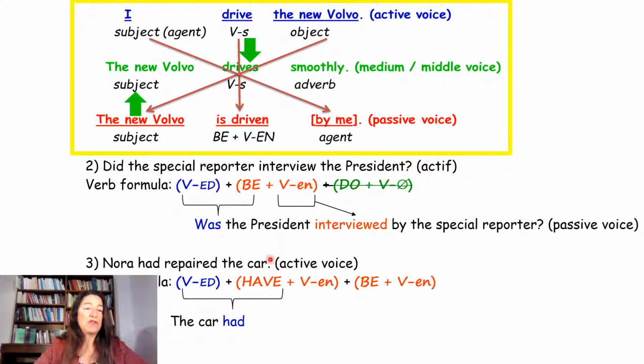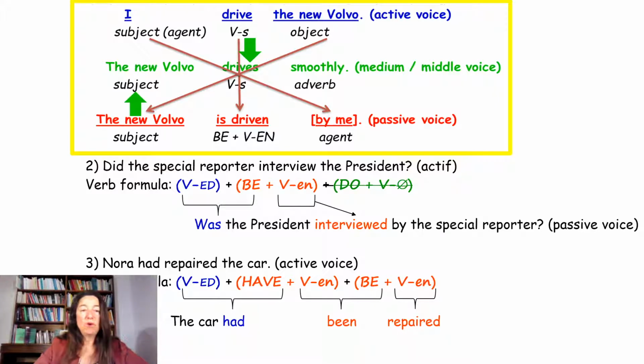So the subject of the passive voice is, as you remember, the object of the active voice. So the car had, and then we want the past participle of be, which is been, and the past participle of the verb repair or fix, which is repaired or fixed.